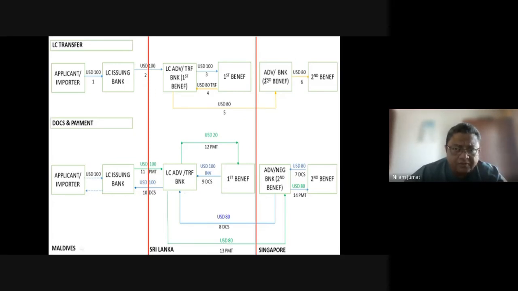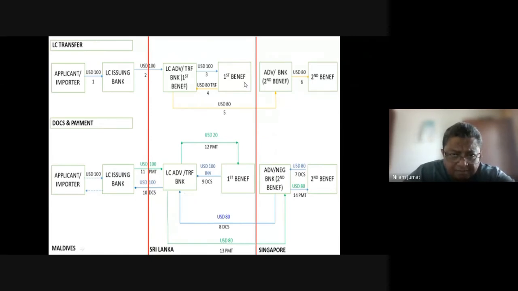So when Banda comes and asks for a transfer LC, there is no exposure for People's Bank. They can do it. But think of the case if Banda says, forget about Maldives, forget about this part.